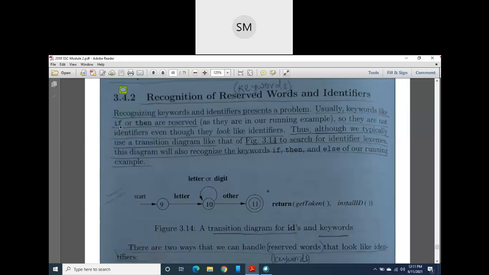Suppose you declare three variables like this: int a, b, sum; semicolon. Instead of a, b, sum, you can take the variable names as if, then, else. That also you can take. Who is stopping you, right?